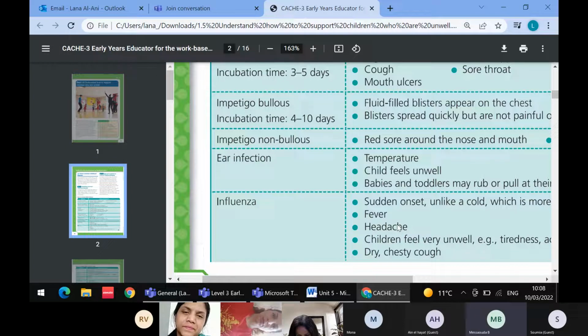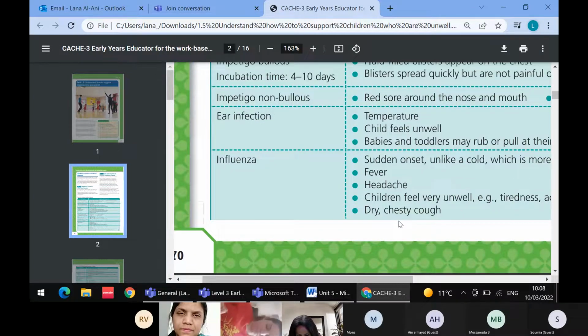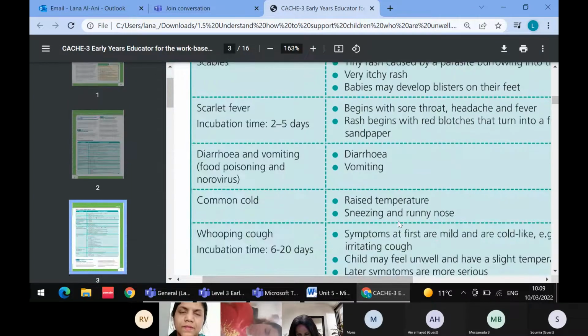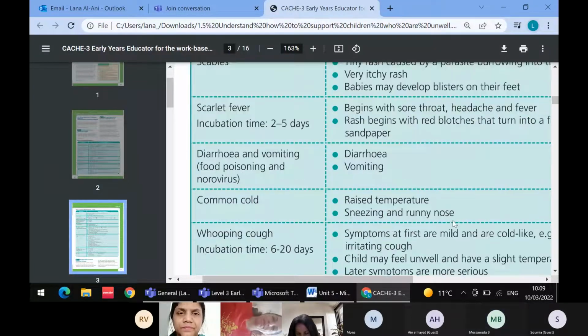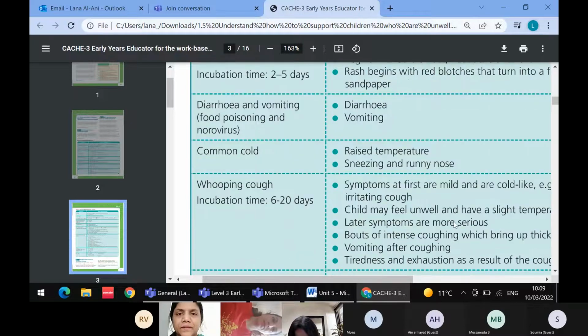Influenza. Impetigo bulls. And impetigo non-bulls. Influenza. Yes. Scabies. Scarlet fever. Diarrhea and vomiting. Very good. Diarrhea and vomiting. Common cold. And whooping cough. Very good.